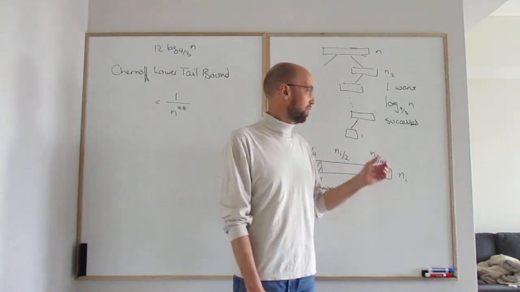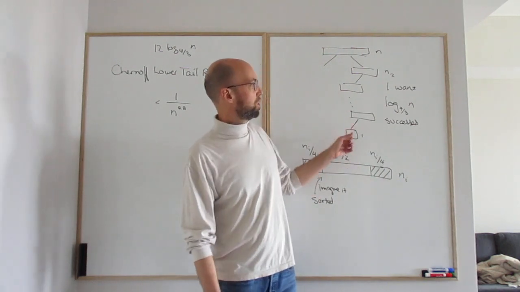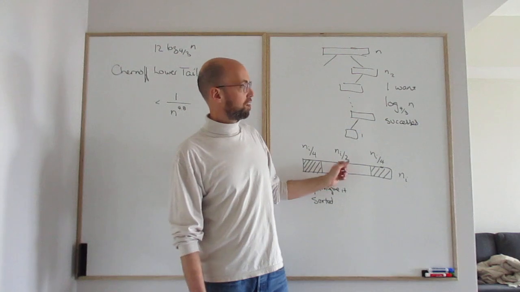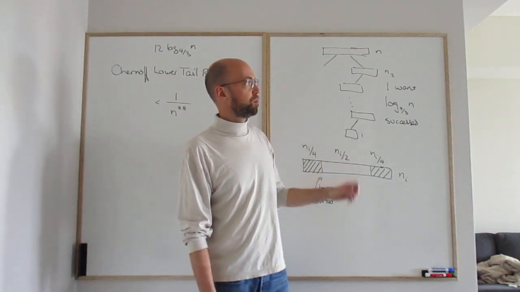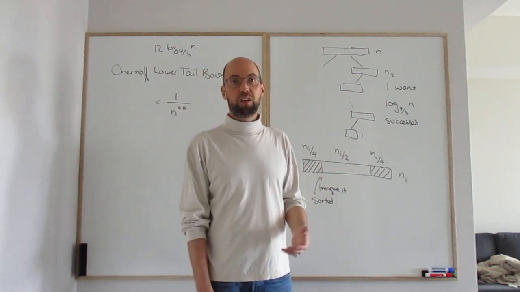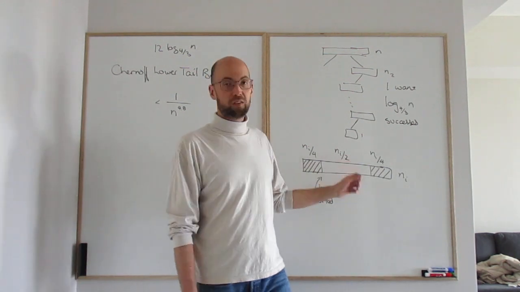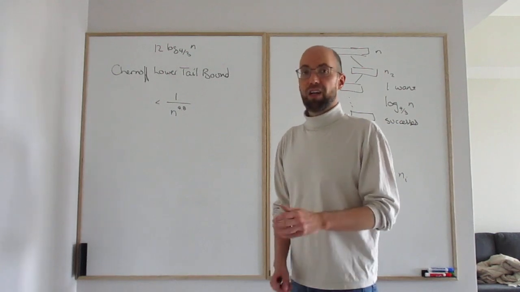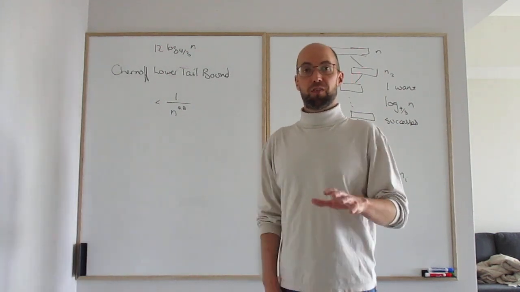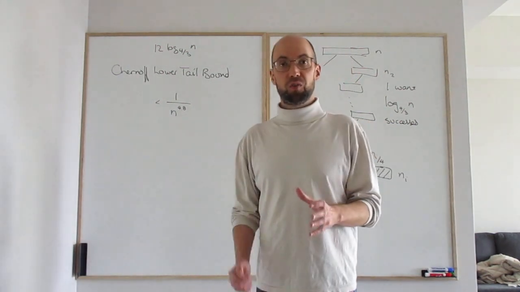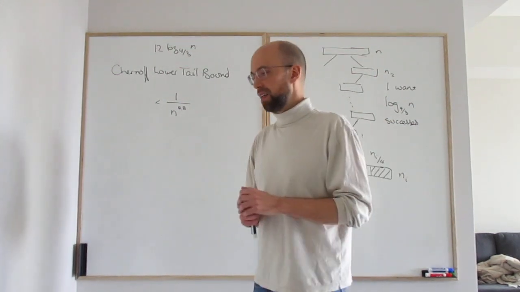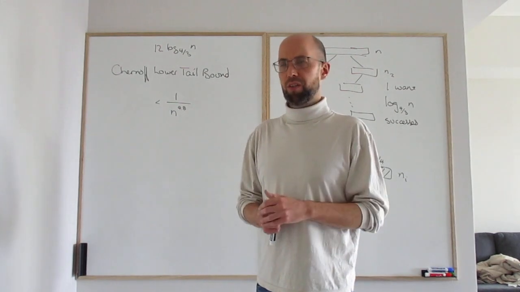But with this, we don't think we're going to have to do more than 12 times as many flips as we want successes. Okay? So, that's the Chernoff lower tail bound, which is very cool and will be in the scribe notes. But will probably not be on a test.